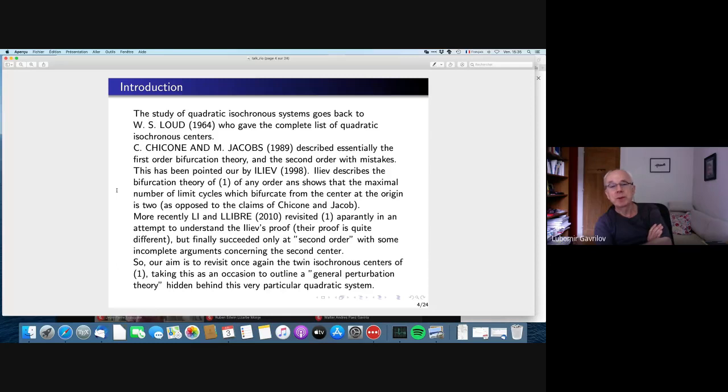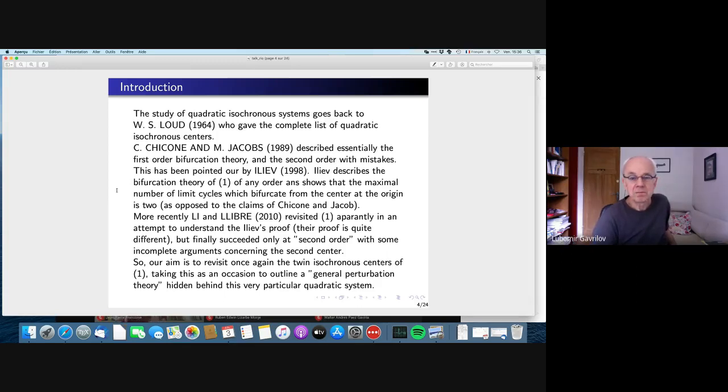In two big papers, they described the beginning of the perturbation theory of this differential system. But 10 years later, Iliev found a mistake, a rather important mistake, because they counted limit cycles which can bifurcate from this system, and it turned out that there are some conceptual mistakes, not just because of computations.